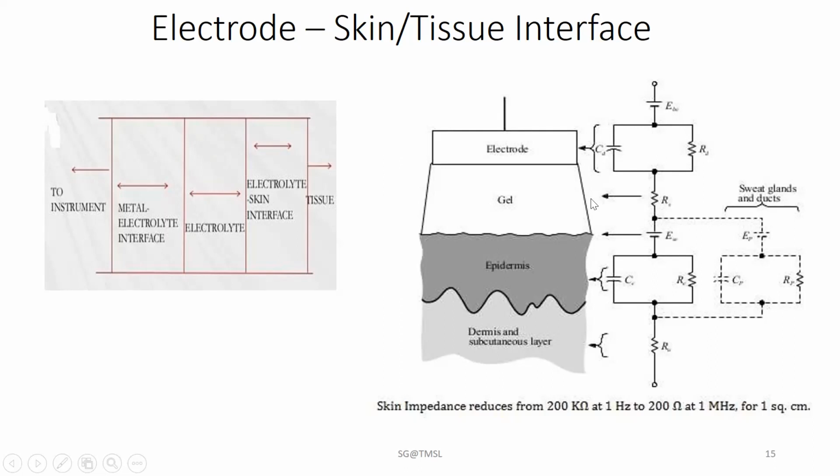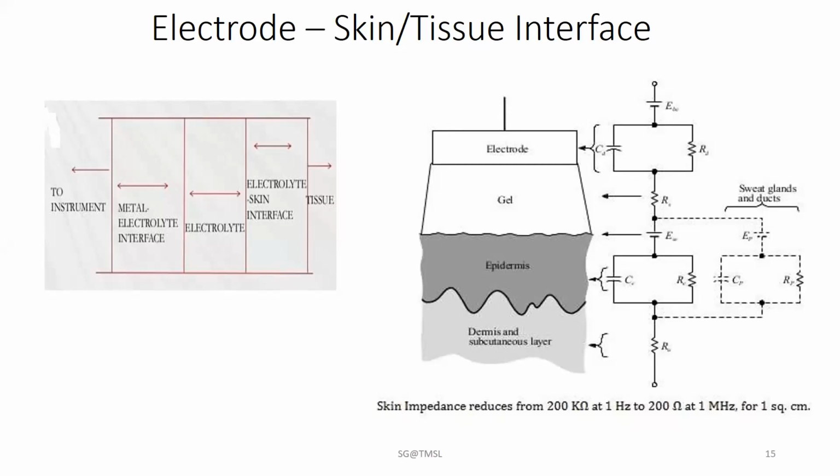Here is the electrolytic resistance, and after that, for the second interface, there is another equivalent circuit, which is the combination of the epidermis as well as the dermis and the subcutaneous layer resistance.